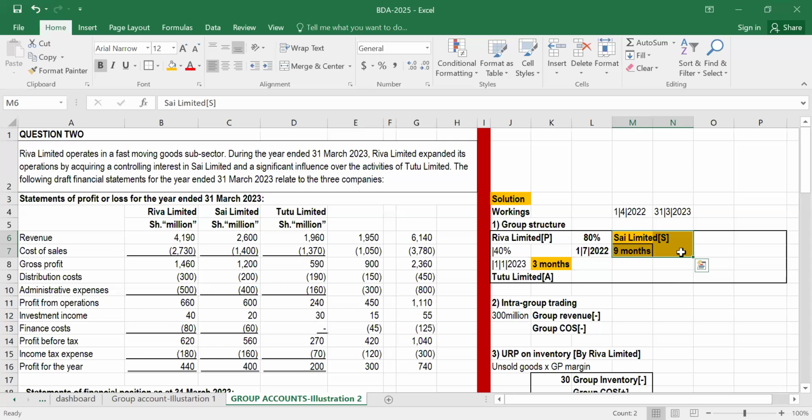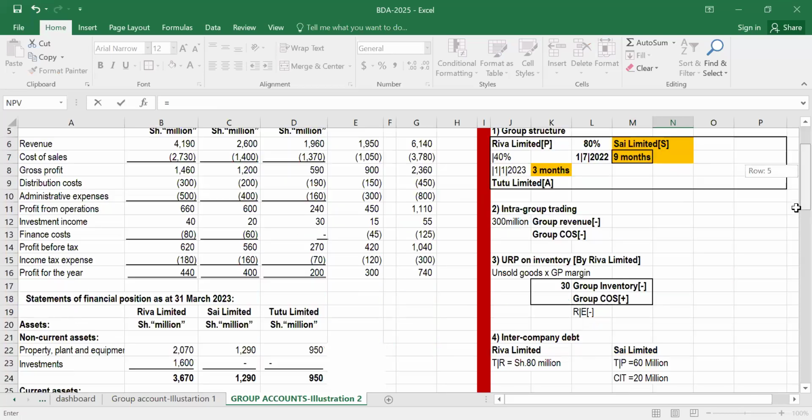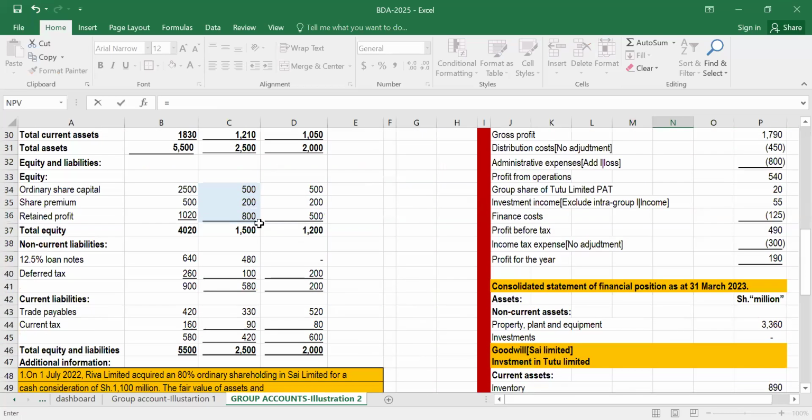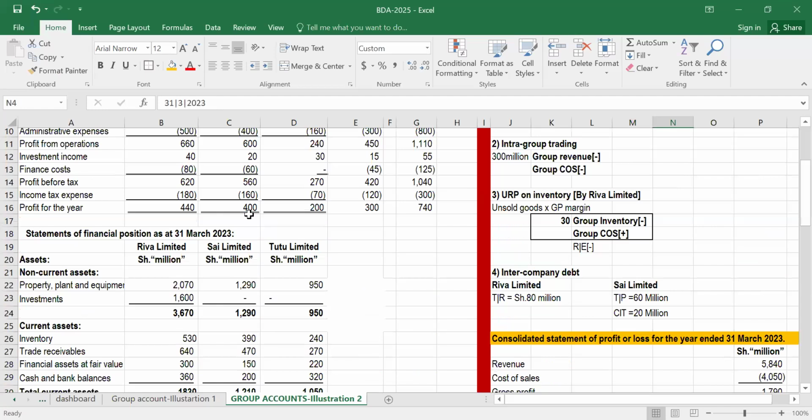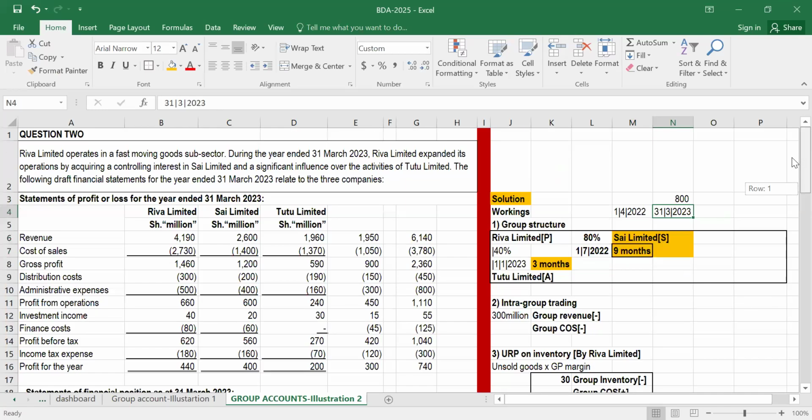What you do, you compute that one, because whatever you're given here is the retained earnings at the end of the year.